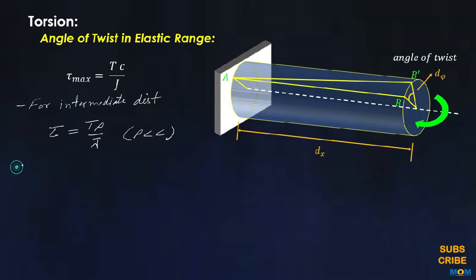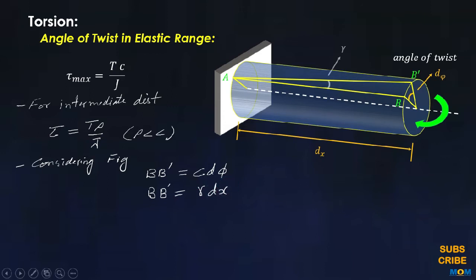Now, considering the figure, we can write that the arc BB dash is equal to C d phi, and also BB dash is equal to gamma dx, where gamma is the shear angle.